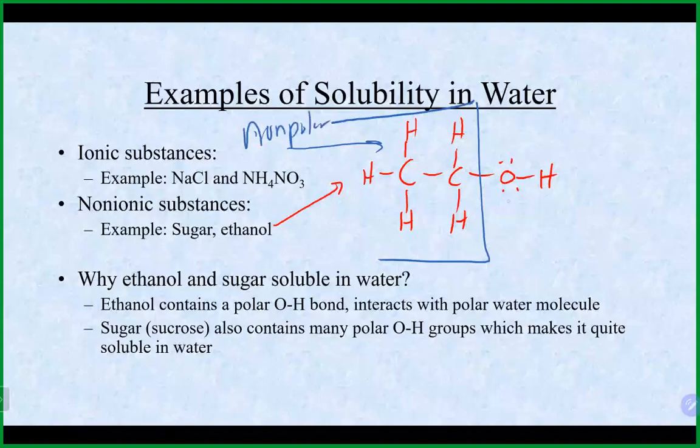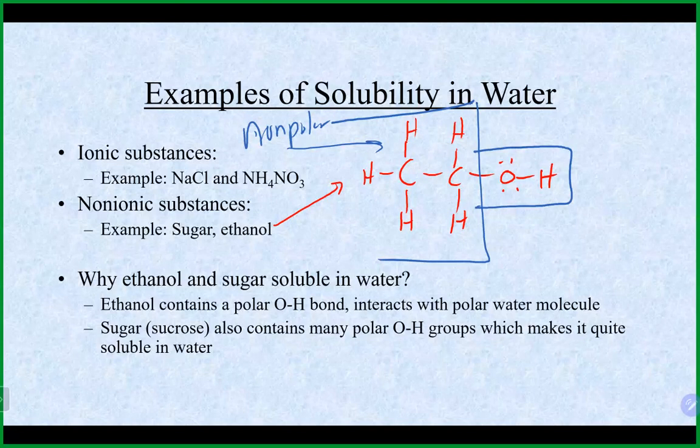But what ethanol does have is this bond here on the other end, and that definitely is a polar bond. That is an oxygen and a hydrogen together, and the difference in electronegativity creates this polar bond, where once again the oxygen is more negative and the hydrogen is more positive.